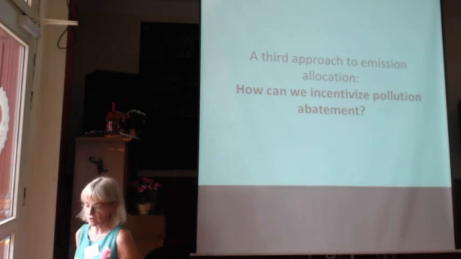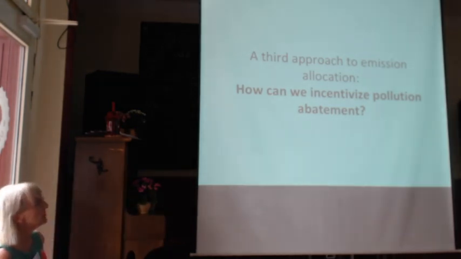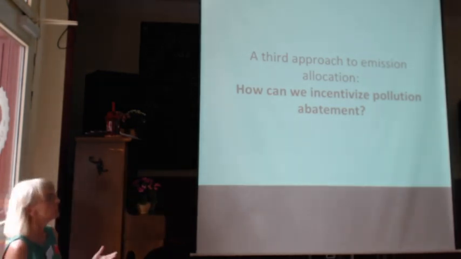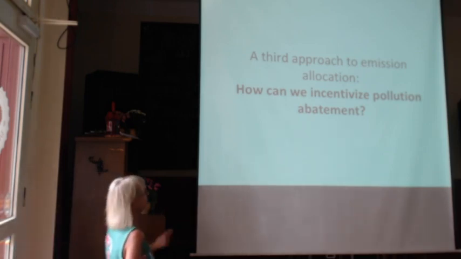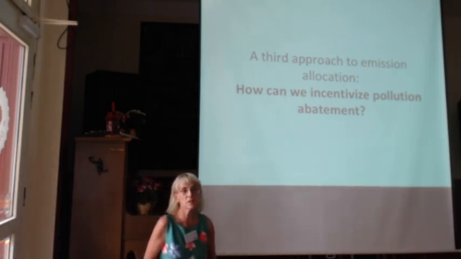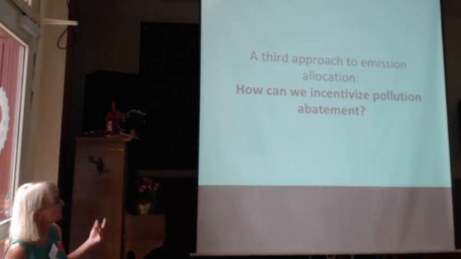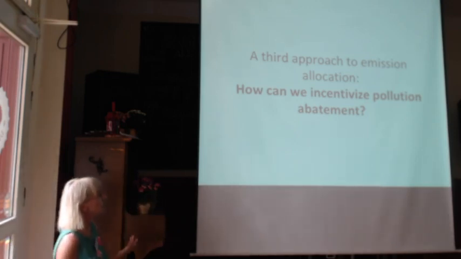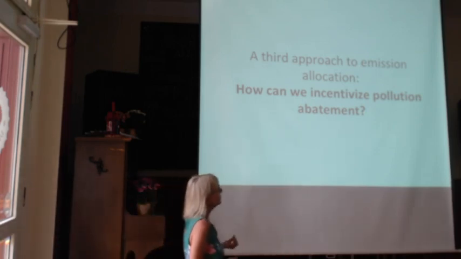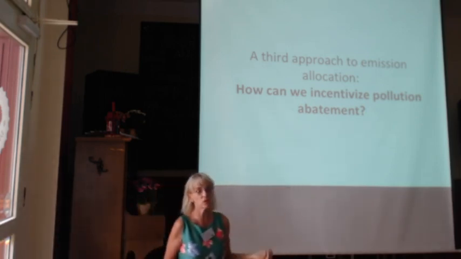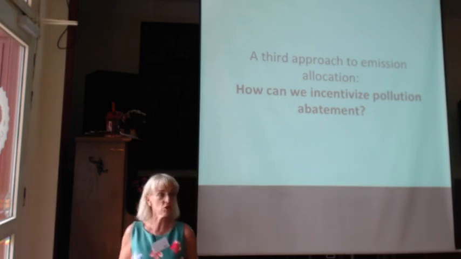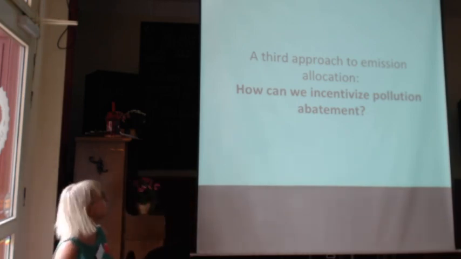And then we want to say, okay, let's look at the business case. So if you want to sell this to the government to try to get their help in pushing this and implementing this, can we get some arguments there? And so we wanted to see what kind of allocation can actually provide more incentive to companies to work on abatement of their emissions, to work on reducing their emissions.